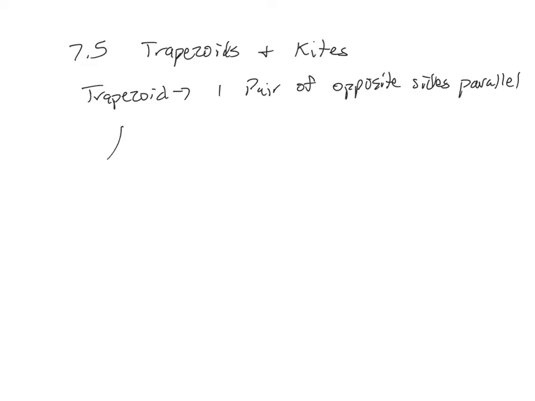So it could look, that's nice and crooked, like that. It could kind of look like a parallelogram, just as long as that other side is kind of stretched out. Oop, not that one. That one and that one.